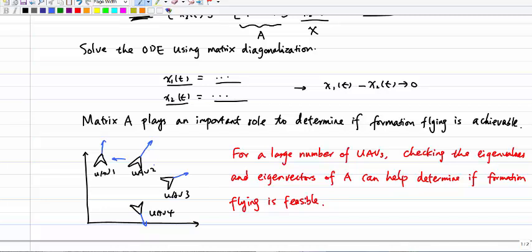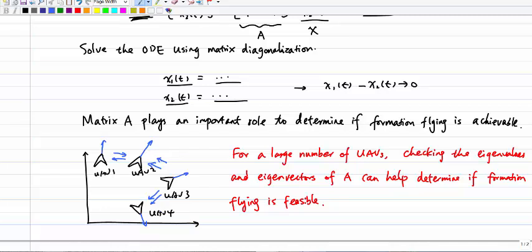UAV 2 can get information from UAV 3 and also from UAV 1. UAV 3 can get information from UAV 4 and UAV 2. And UAV 4 can only get information from UAV 3. So in this case, what would happen? Can we say they can still synchronize the heading eventually?